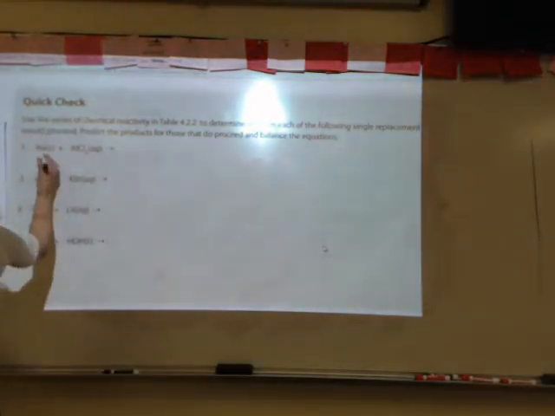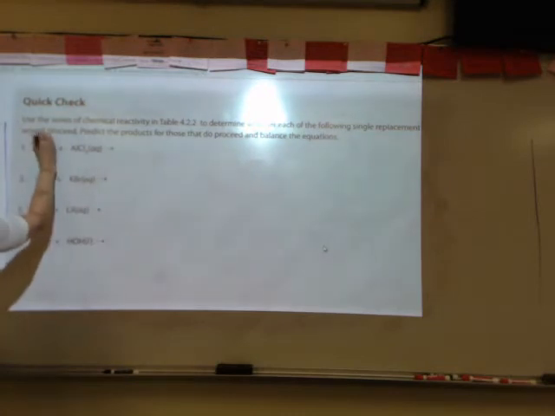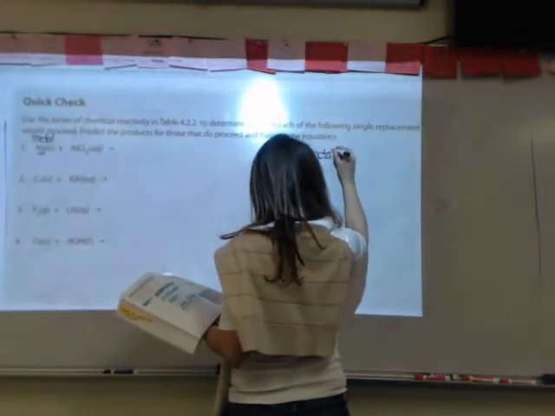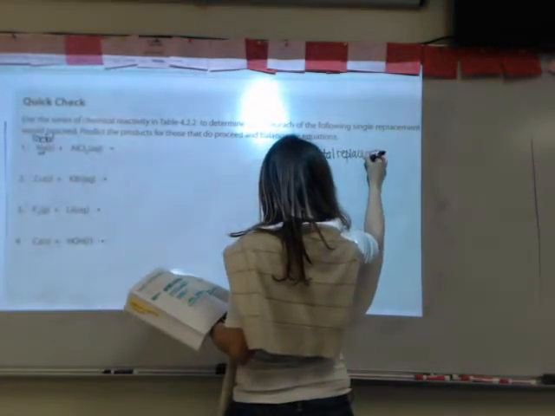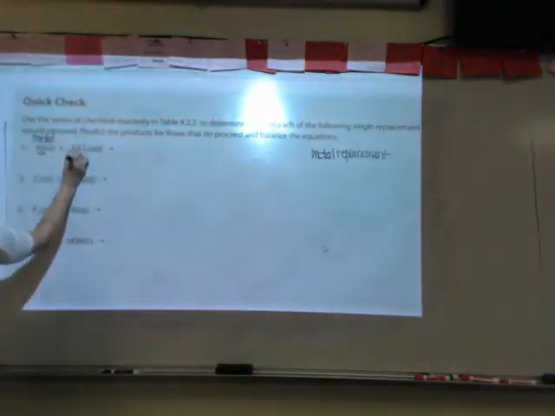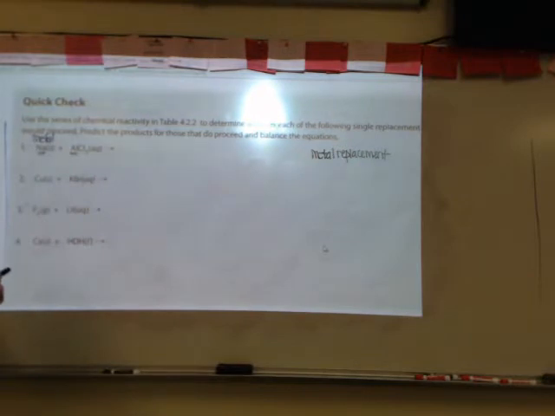So here I have sodium alone, so this is a metal. So this is going to be a metal replacement. And I want to see if the sodium is more reactive than the metal in the compound, which is aluminum.